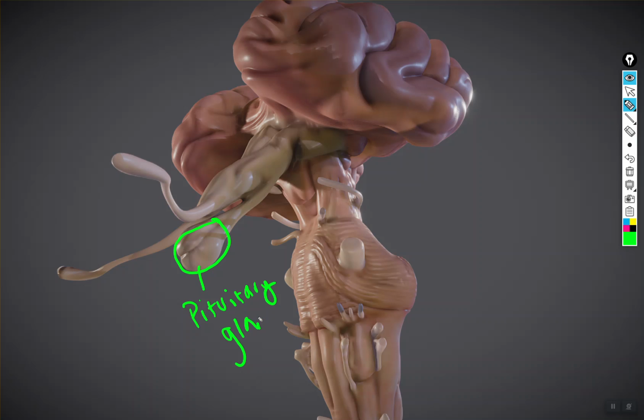Wow, that D did not turn out very well. Let's try that again. And then this little stalk that it hangs off of is called the infundibulum. These little guys that look like antennae are the olfactory bulbs.